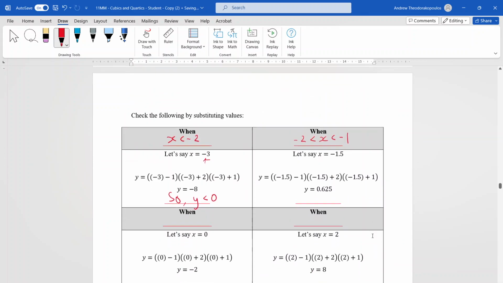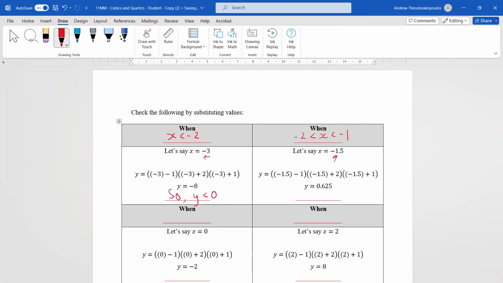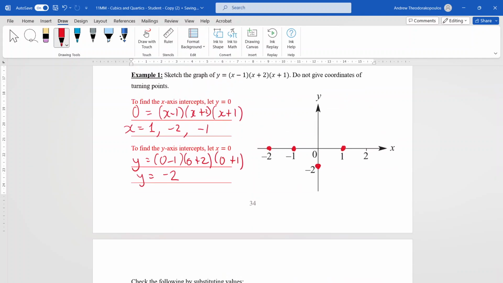Is y greater than 0 or less than 0? Let's pick a number between those 2 numbers. Let's substitute -1.5. We get this number here, so y is greater than 0. Okay, so that's for this part here.